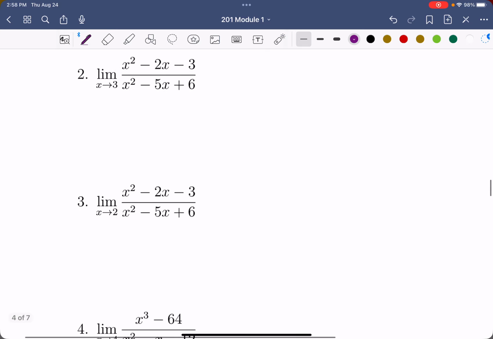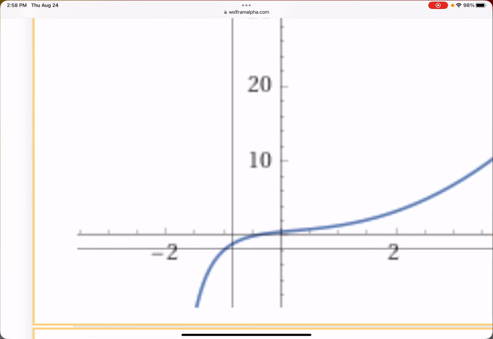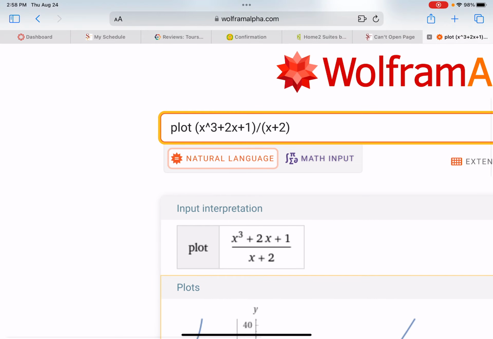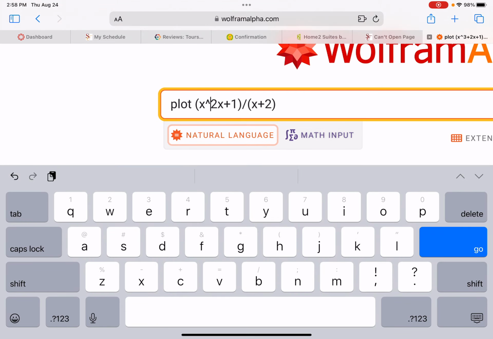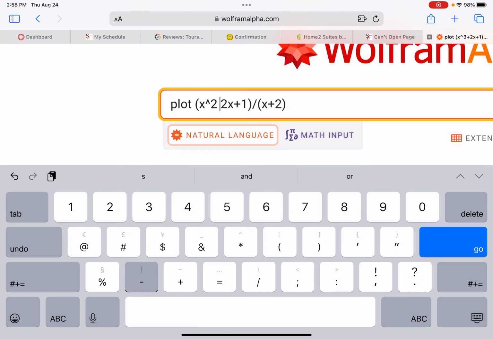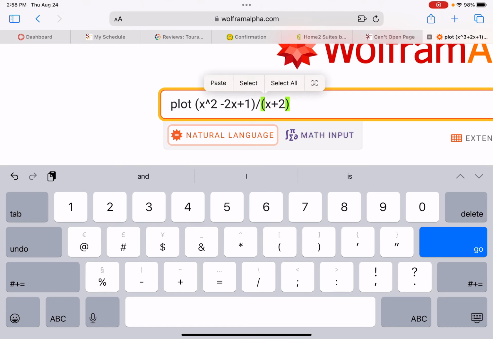So x squared minus 2x minus 3. Sometimes typing it is what takes the longest. Again, if you've got a graphing calculator that you like, that's fine too.